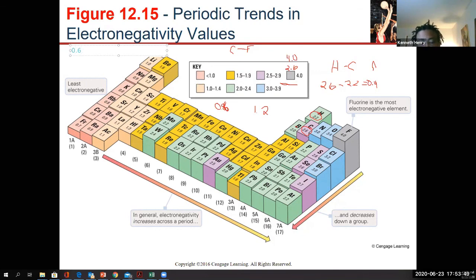If it's greater than 0.6, it would be considered uneven sharing.